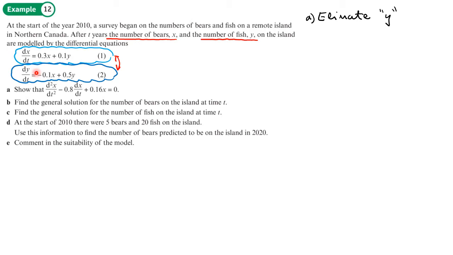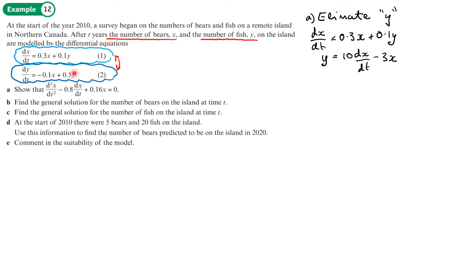Now we'll start by taking equation number 1 here and making y the subject. So let's just write that down. dx/dt equals 0.3x plus 0.1y. So I could times both sides by 10, move the y over. So I'll have y equals 10 dx/dt minus 3x.